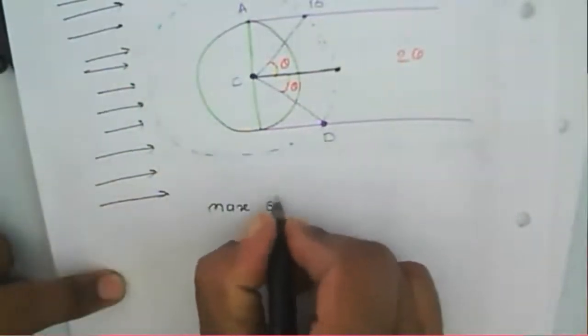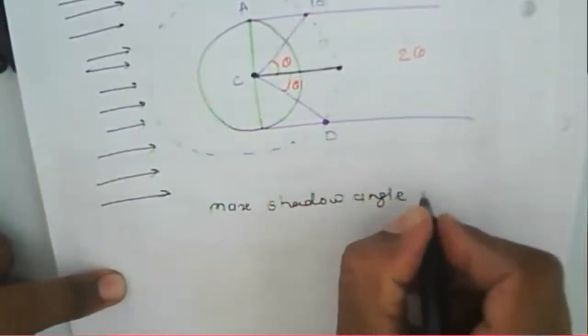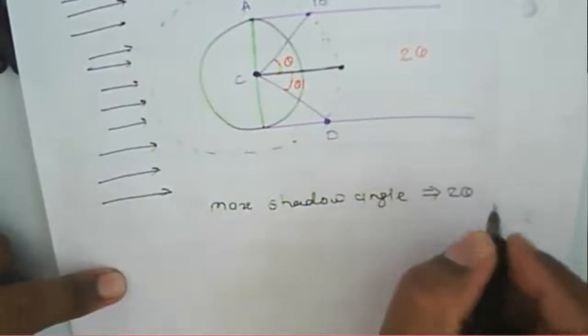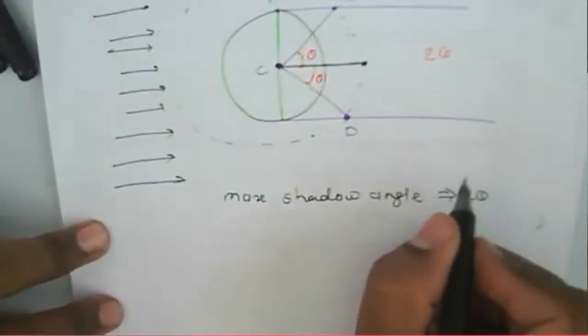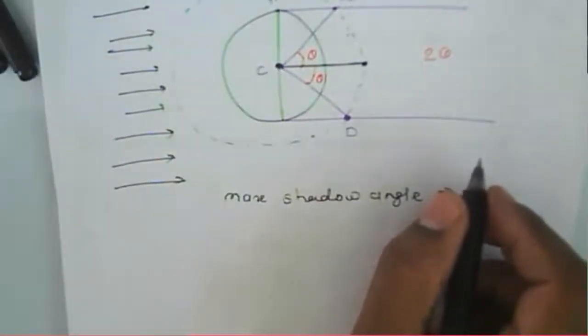We consider the maximum shadow angle is equal to twice theta, and that theta is to be obtained by considering a right angle triangle, and from that we can obtain the value of theta.